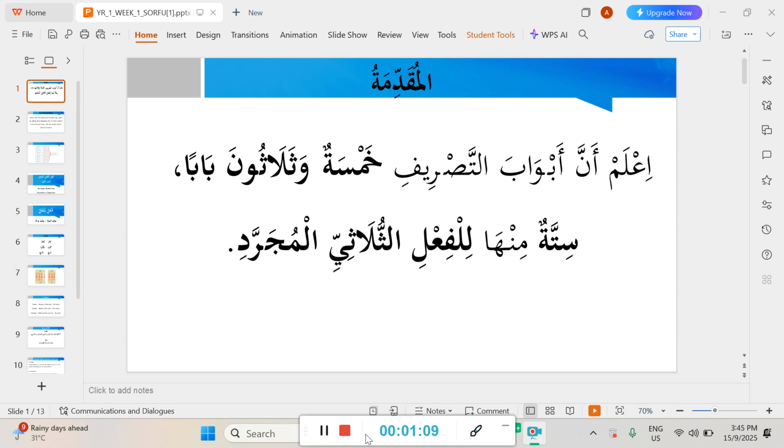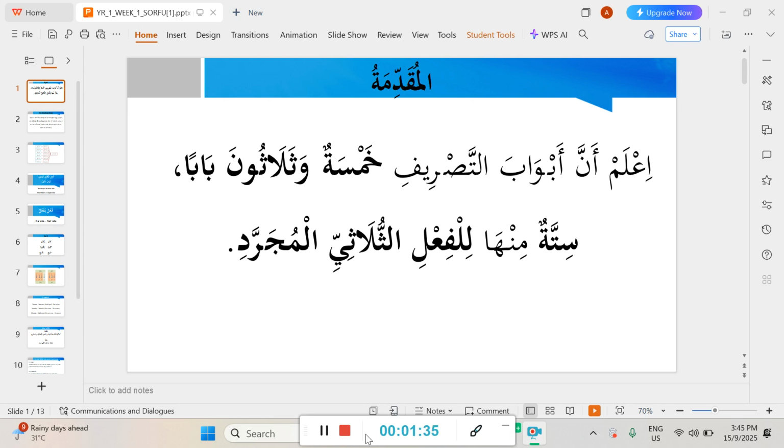So 6 of these patterns pertain to the triliteral basic verb, and that is what we call al-fi'lu al-thulathi al-mujarrad. It means out of these 35 patterns that we have, the triliteral basic verb comprises 6 of them.